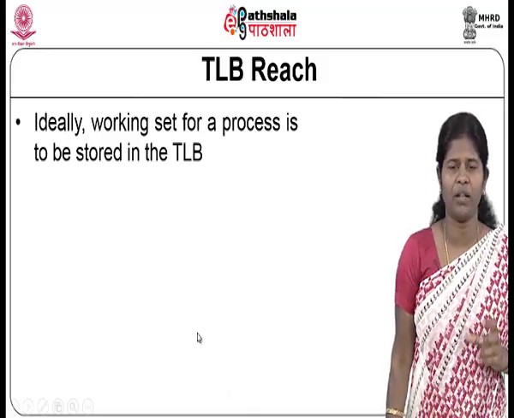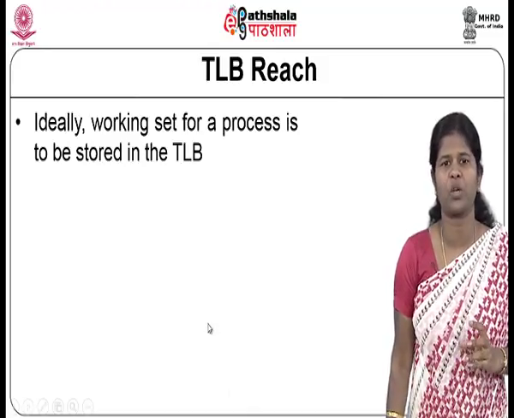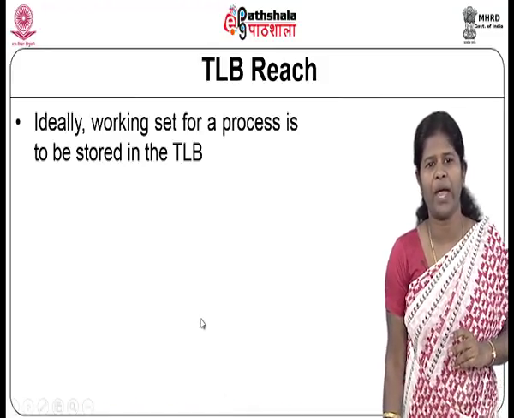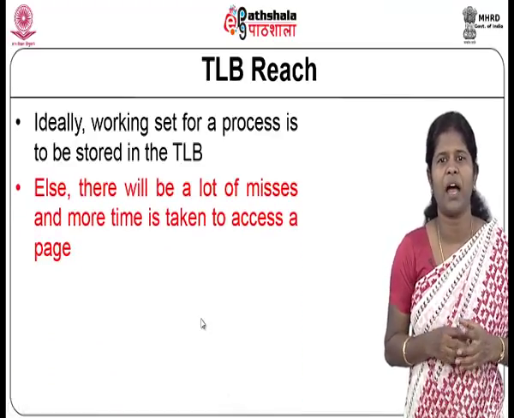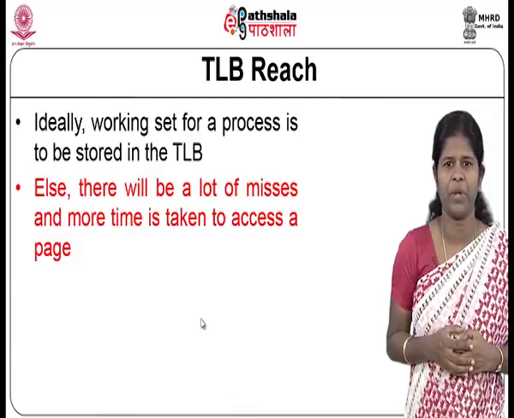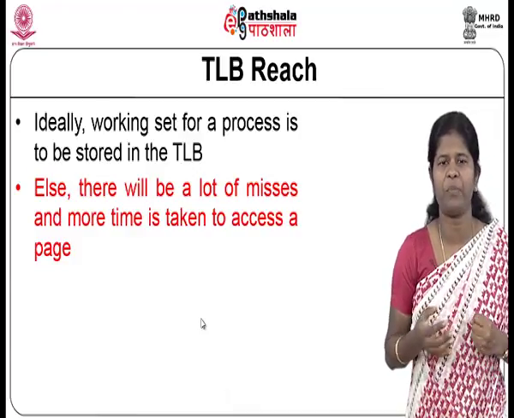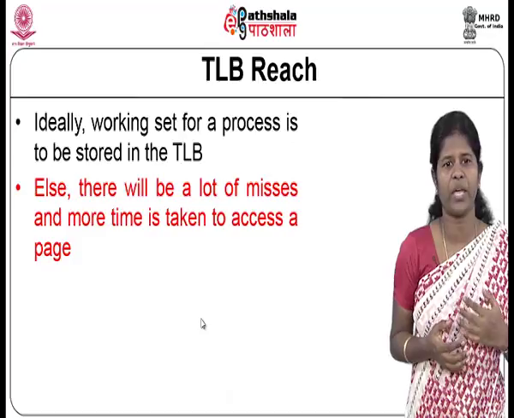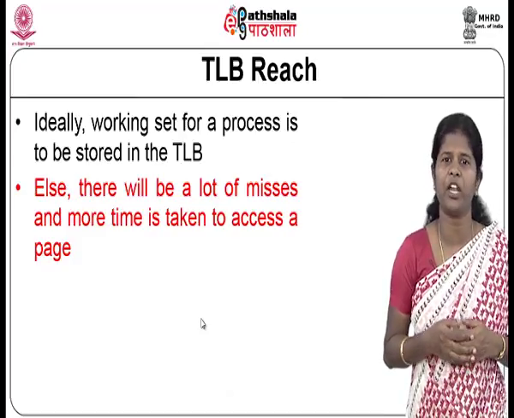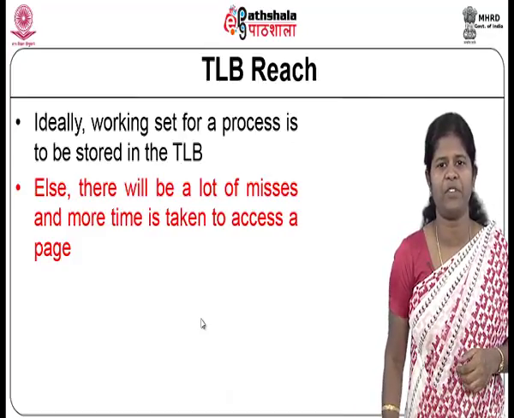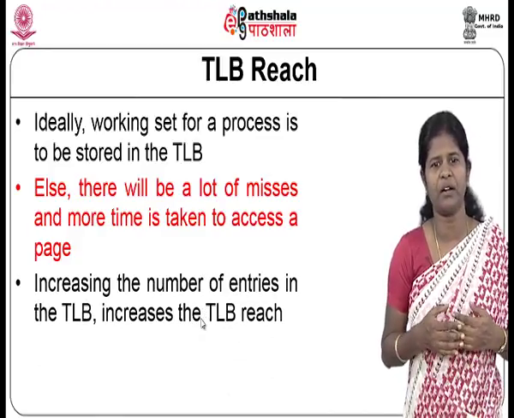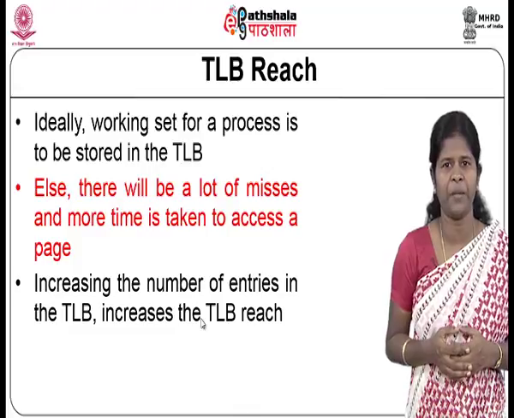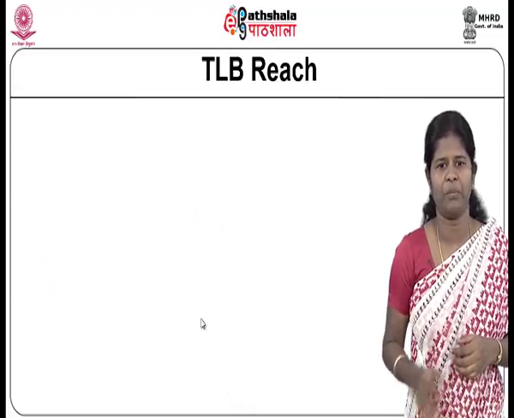So, that 5 KB is called the TLB reach. So, ideally if you have the working set for a process stored in the TLB, then you can access memory very easily by just looking into the TLB. Else there will be a lot of misses and more time will be taken to access a particular page. So, increasing the number of entries in the TLB will increase the TLB reach.